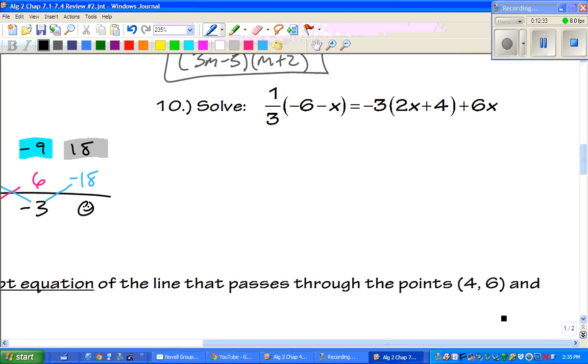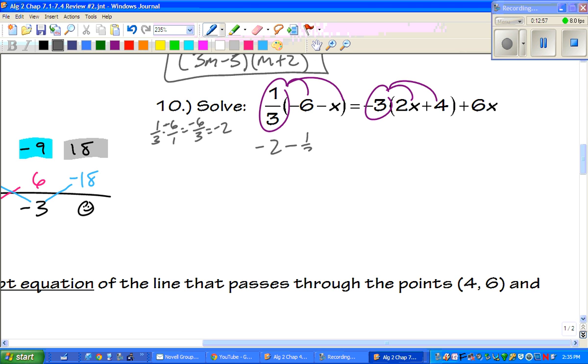Okay, number 10 says to solve. So when we solve, we're going to distribute. Okay, and don't freak out because there's a fraction, because 1/3 times negative 6 over 1 is negative 6 over 3, which is negative 2.